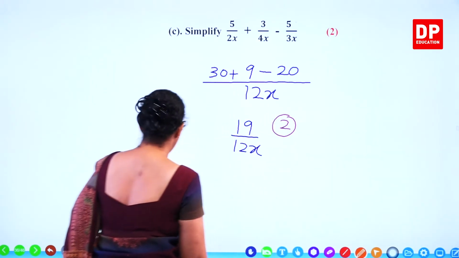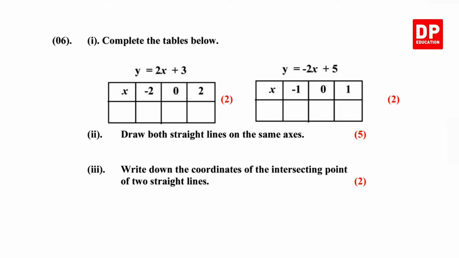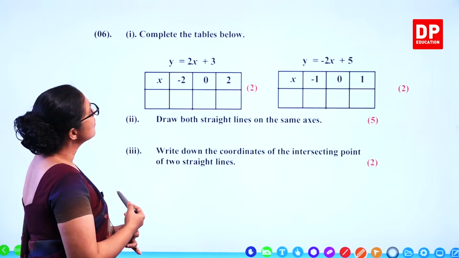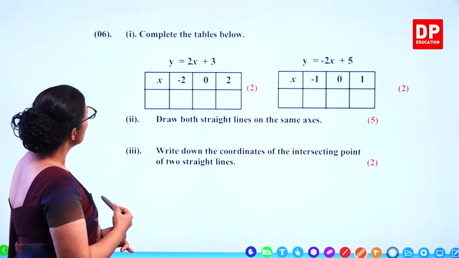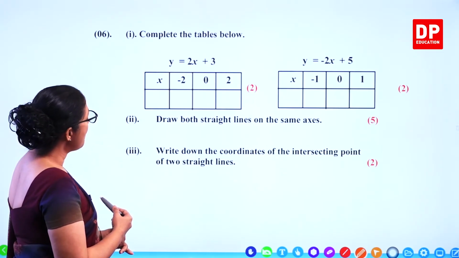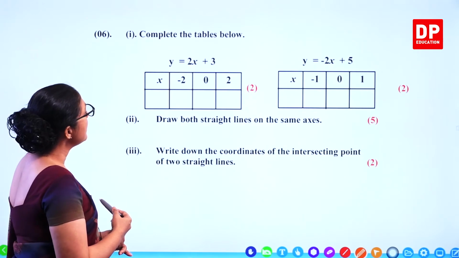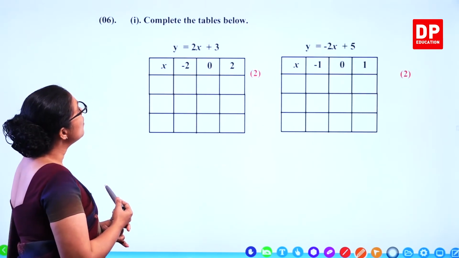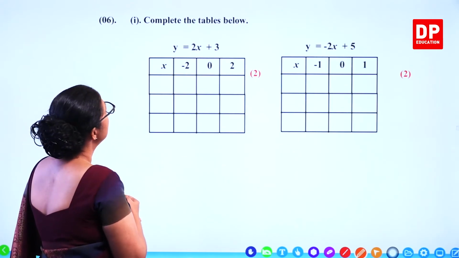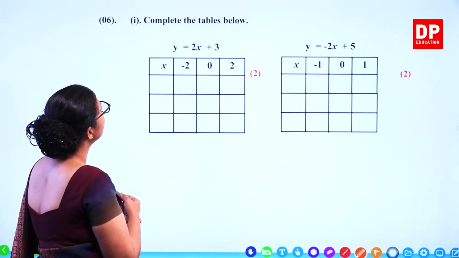Question number 6. So you have to draw straight lines. So 3 parts are there. So we'll do it separately. Complete the table below. 2 tables are there. So x is given.